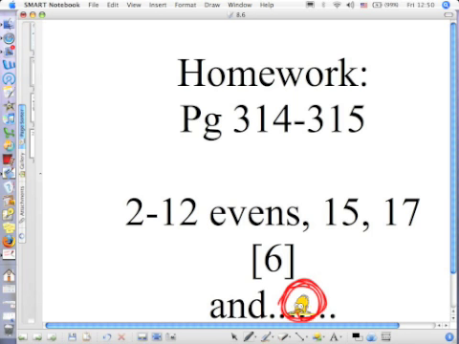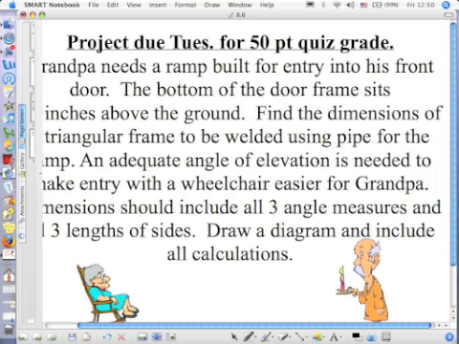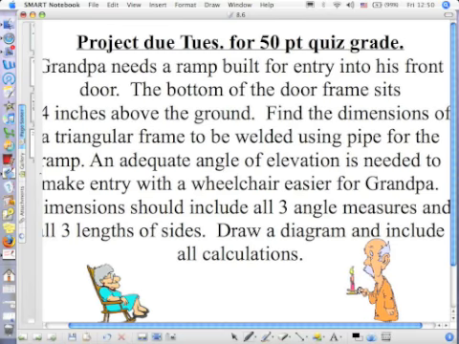And here's our project. Grandpa has recently been put in a wheelchair, and he has steps going into his house. So he needs you to build a ramp so he can get into his house.